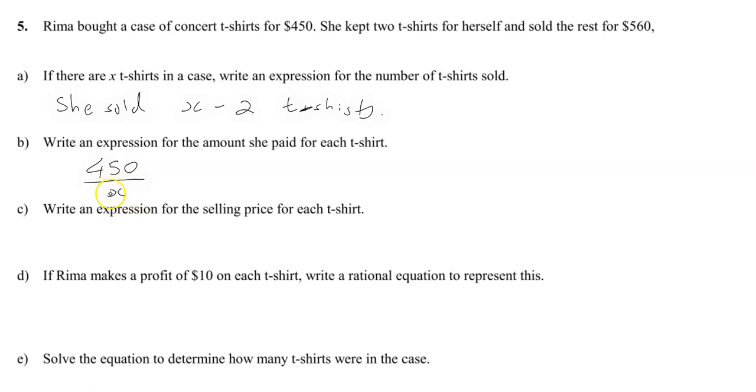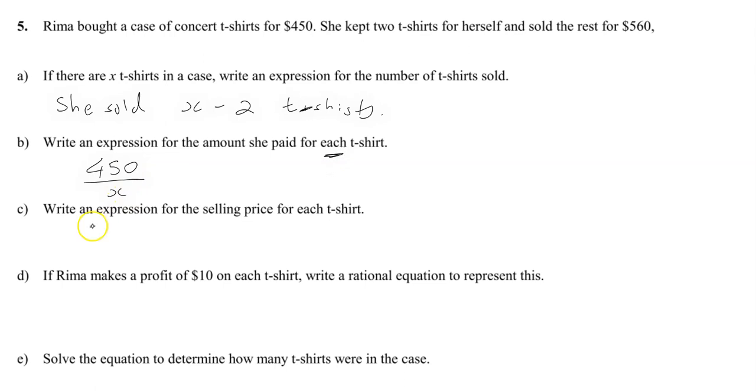So if she paid $45 a shirt, 450 divided by 45 is 10. If she paid $10 a shirt, 450 divided by 10 is 45, would be the number of shirts. So she paid $450 for all of them, and 450 divided by x for each t-shirt.